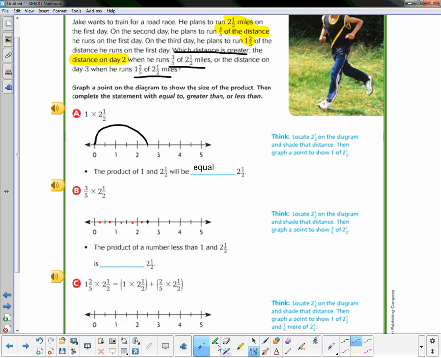So with my other pen, I can make that jump. That would be 1 whole, so I've got to make 3/5. So that's 1, 2, 3/5 of the jump. 3/5 of 2 1/2.